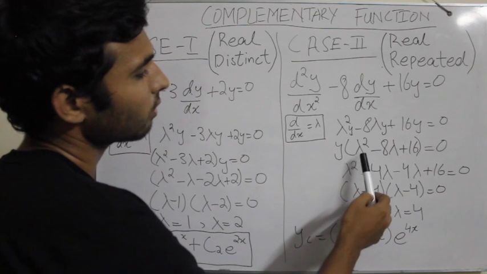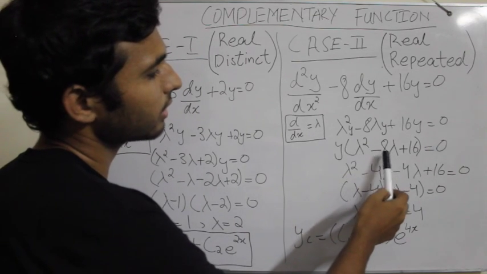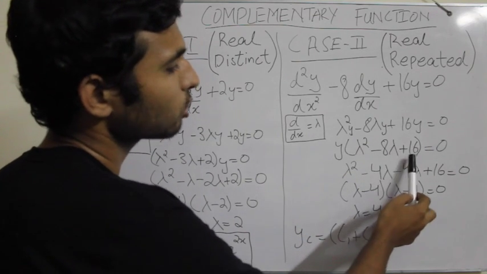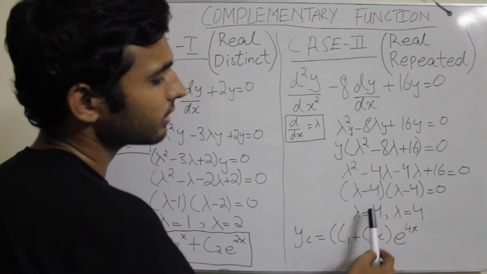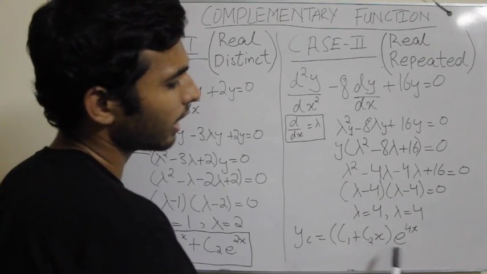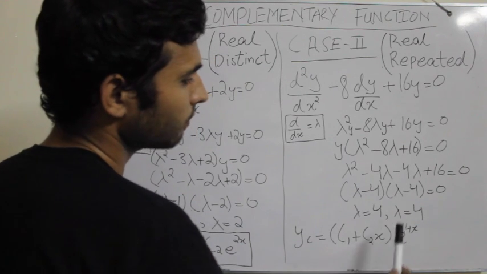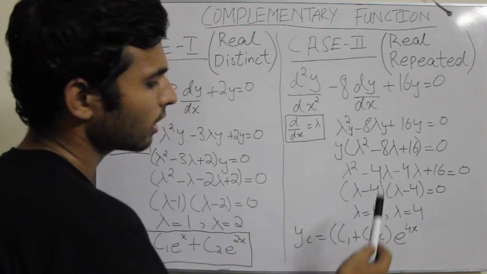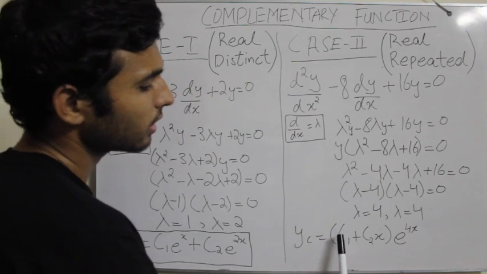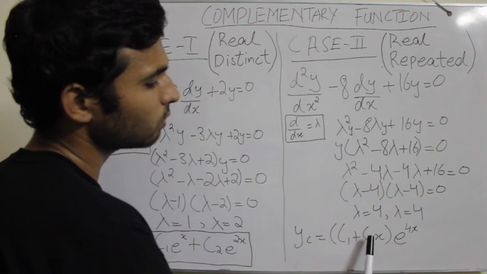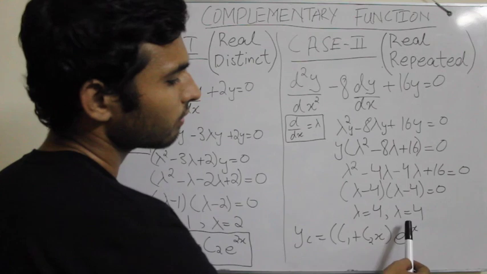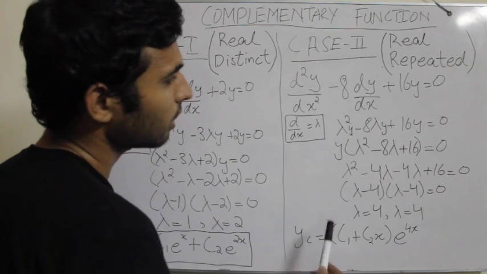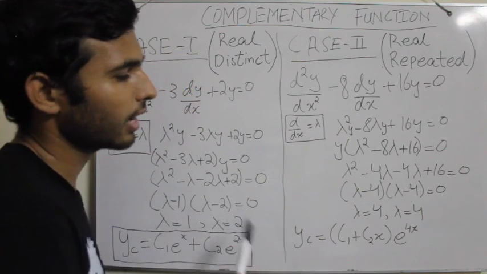Taking y common, our equation becomes y times lambda square minus 8 lambda plus 16. Solving this for our roots, we get two roots that are same, lambda as 4 and lambda as 4. Now for same roots, or case 2, the formula for yc is c1 plus c2 x, bracket close, e to the power 4x. This is how you solve it for case 1 and case 2.